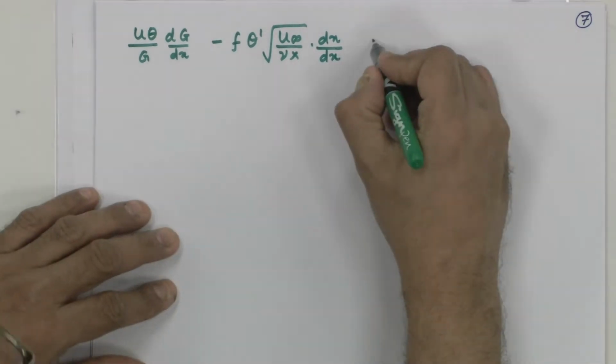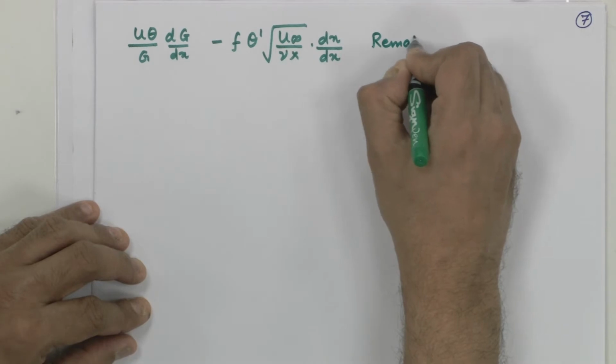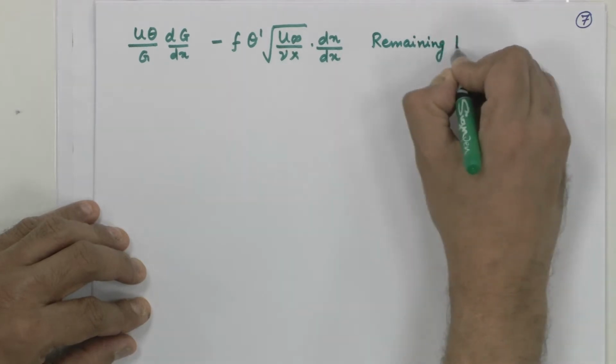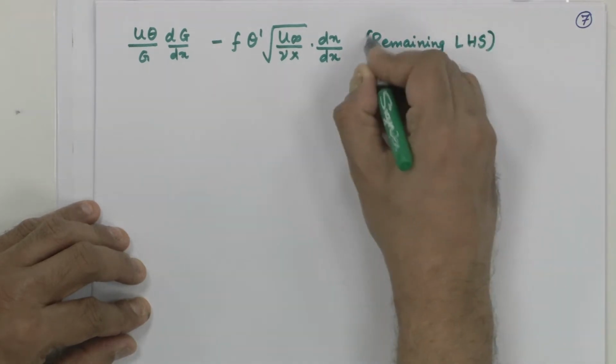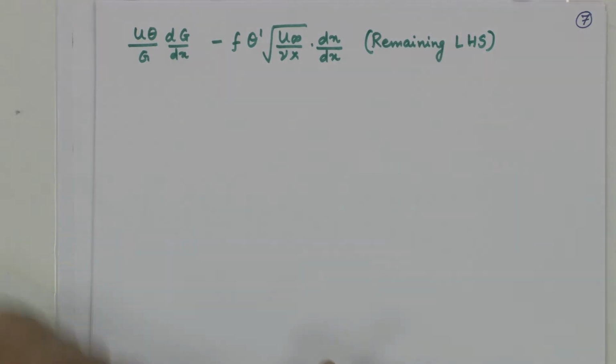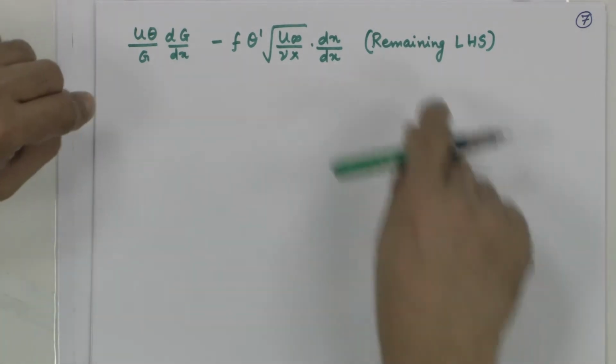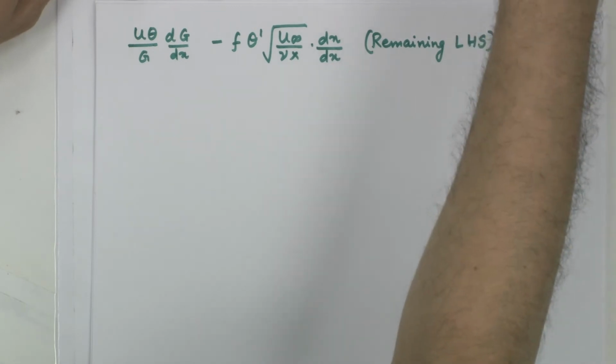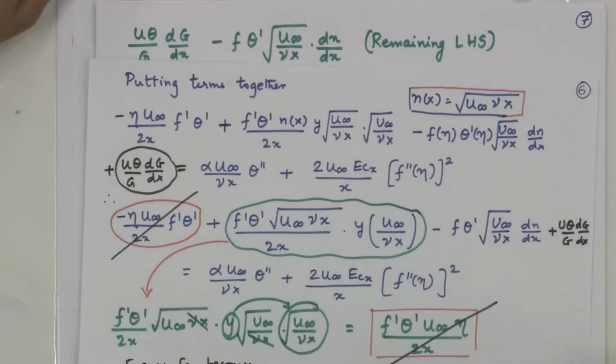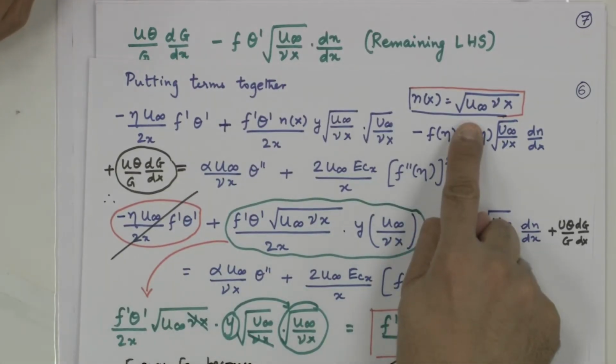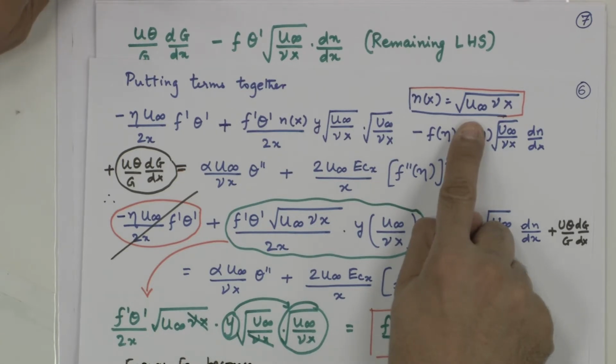This is my remaining LHS. So what is n? What is n? n was nothing but this one. What is u infinity? u infinity is a function of x. We said u infinity is nothing but c x to the power n.